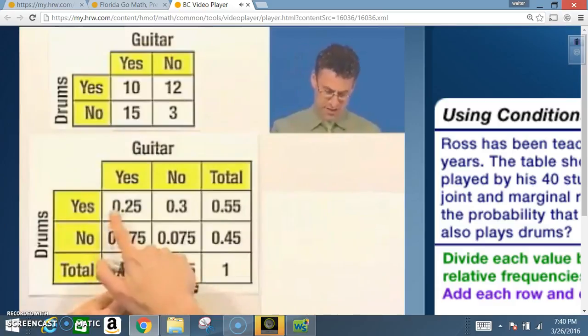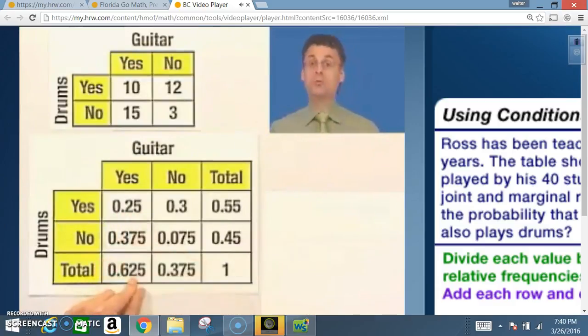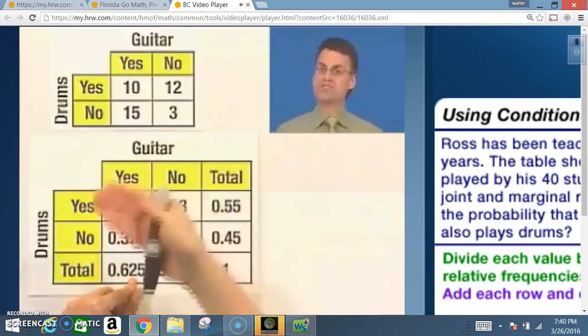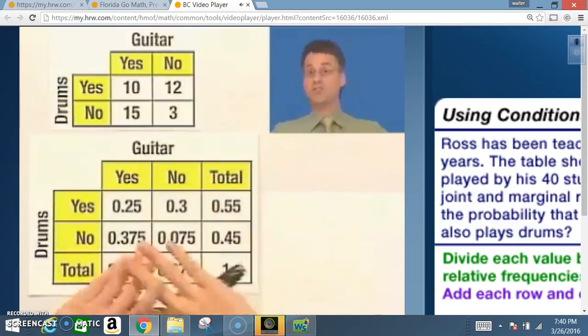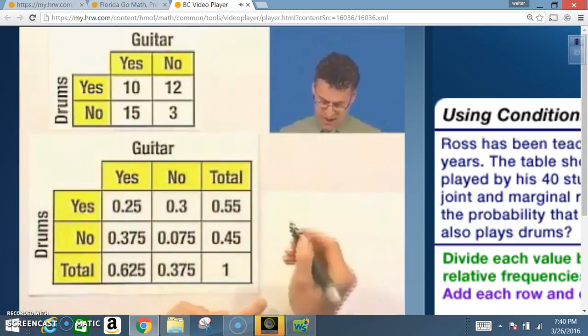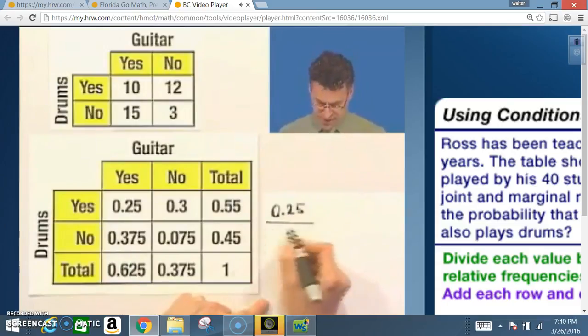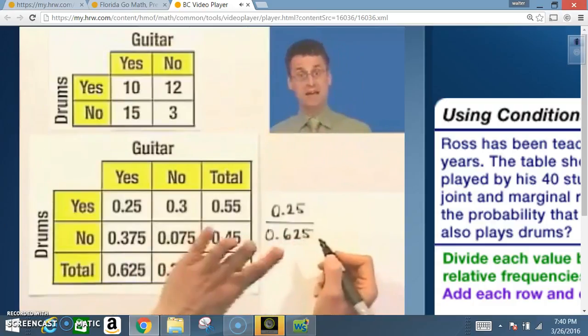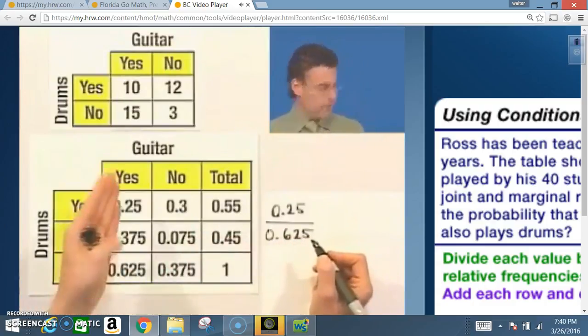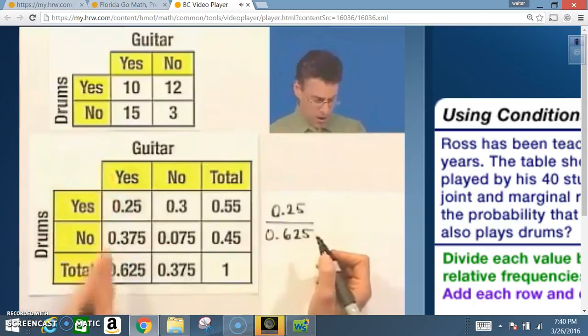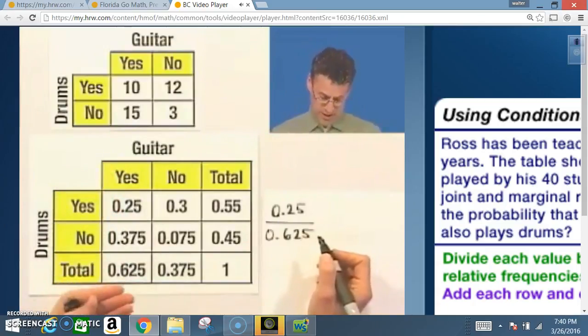And out of that totality, how many of them also play drums? Well, the answer is 0.25. So the probability, which is total number of successes divided by the totality, would be 0.25 divided by 0.625. Why? Because we want to know, out of all the people that play guitar, how many of them also play drums?